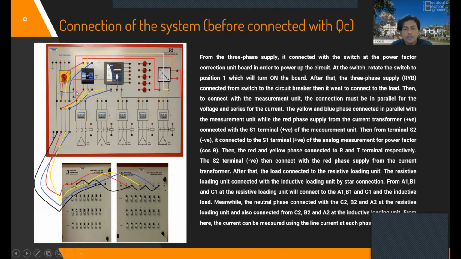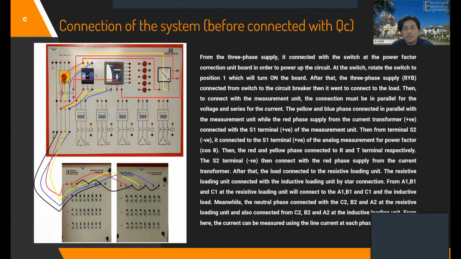And then to connect with the measurement unit here, this is the digital measurement unit, and this is the analog measurement unit. So this measurement is for the power factor. In order to connect, the measurement for the voltage must be connected in parallel, and for the current must be connected in series.